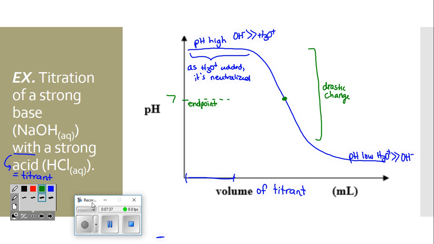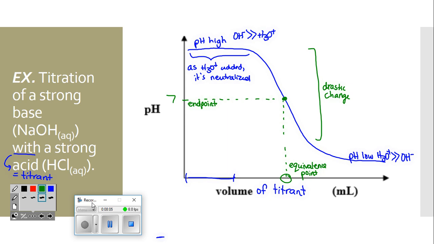If I imagine that there's a dotted line to this point on the x-axis, the same point that will give me the end point pH will give me the equivalence point for volume.